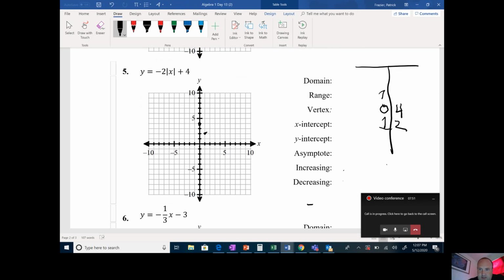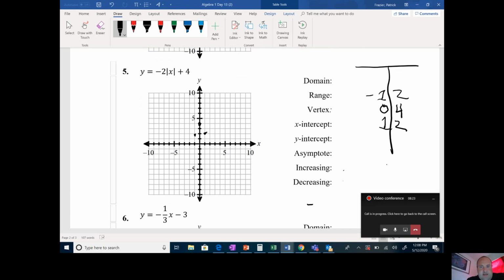And we should get the same thing over here, where x equals -1, y should also equal 2. So absolute value of -1 is still just +1, and +1 times -2 is -2 plus 4, which we established equals 2. So also, geometrically, we're doing the same thing. We go down 2 from 4, 2, and over 1.